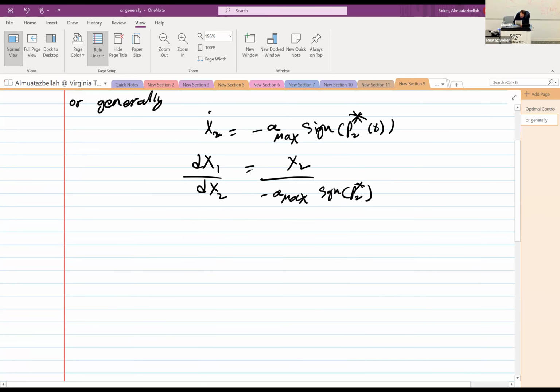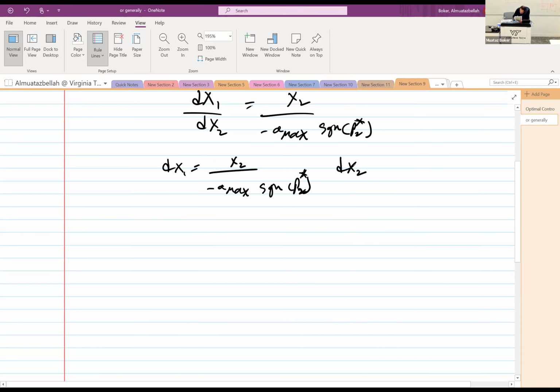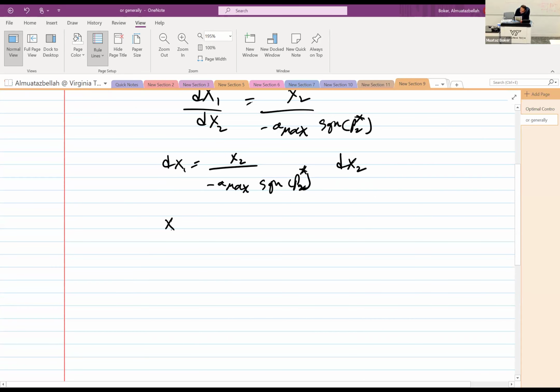Okay, so you have dx1 is equal to x2 over minus A max sine P2 star dx2, integrate both sides. So that means x1 is equal to minus x2 squared over 2 A max sine P2 star plus C3. Okay.